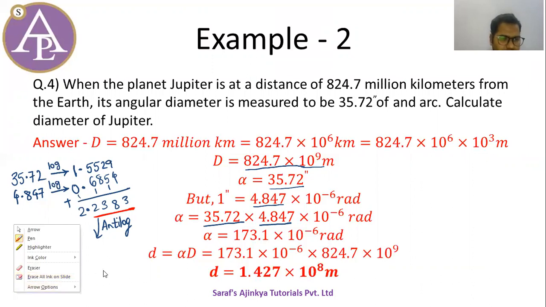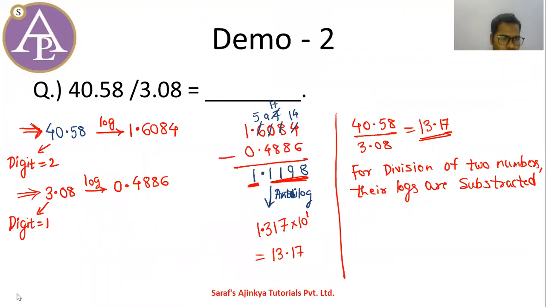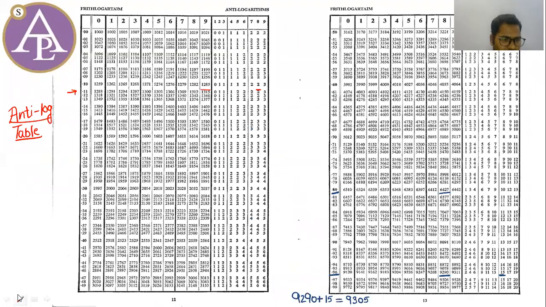Right. So let us go to antilog 2383. This is antilog table. We are interested in 23. So this is 238, 2383. Correct. So 2383. So 1730 plus 1. So 1731. 1730 plus 1. So 1731.